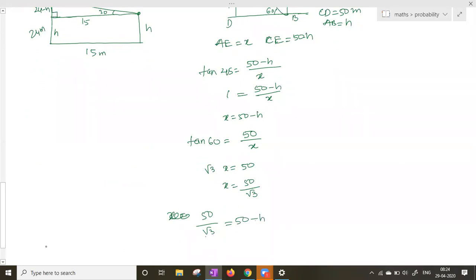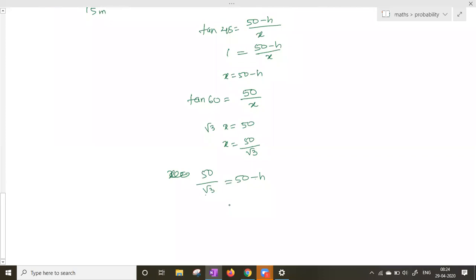Root 3 goes here. 50 is equal to root 3 into 50 minus root 3 into h. So root 3 into h is a minus value, we'll take it this side. Root 3 h is equal to 50 root 3 minus 50. 50 into root 3 minus 1 is equal to root 3 h.